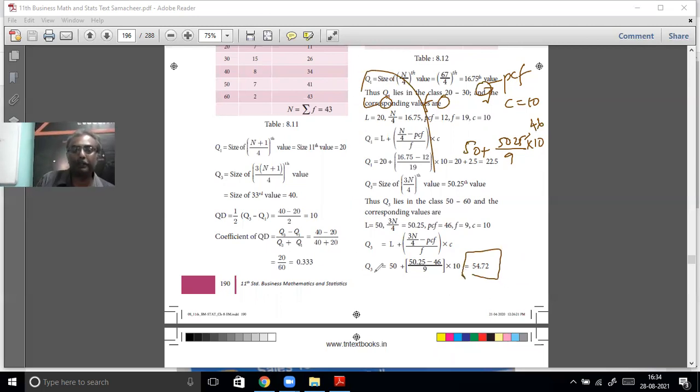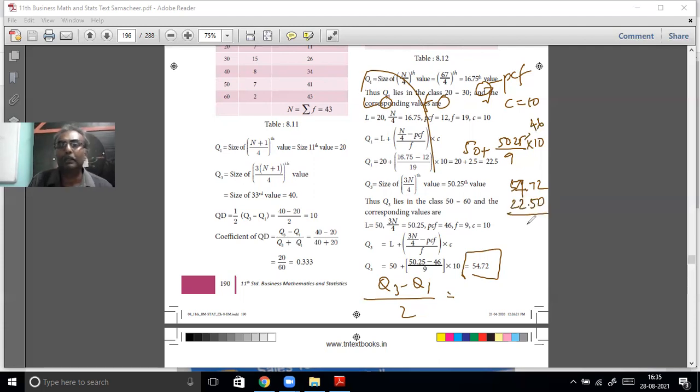Now what you have to find? Q3 minus Q1 divided by 2. That is nothing but 54.72 minus 22.50, 32.22 by 2, 16.11.